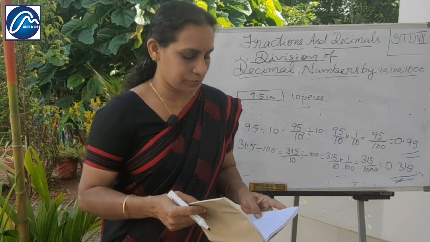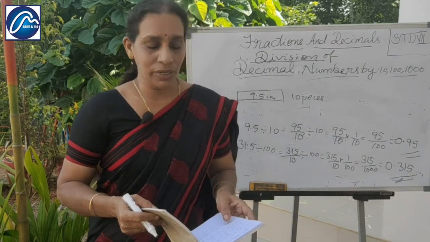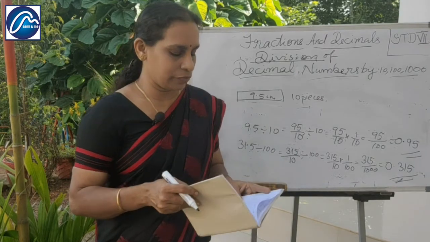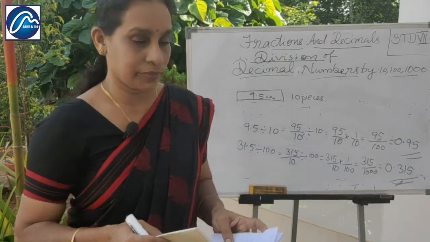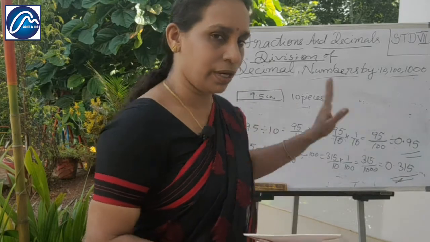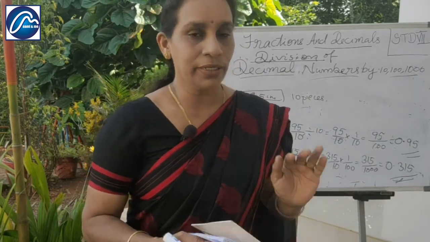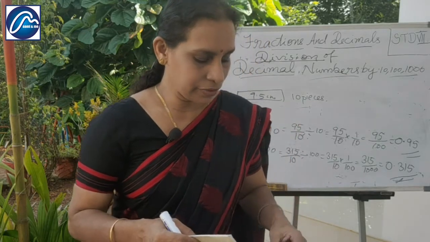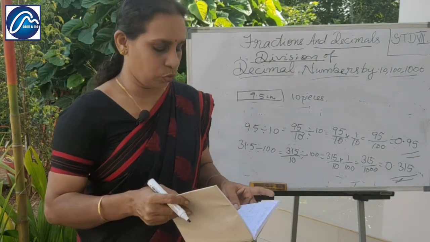Okay, that's all. Next one: you have to be careful. In division, the decimal point shifts to the left. When you are multiplying, the decimal place will move to the right.